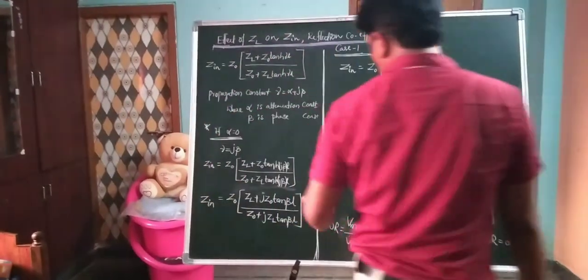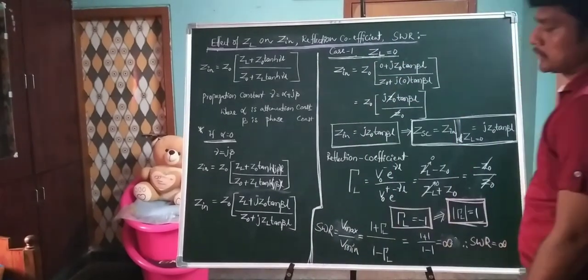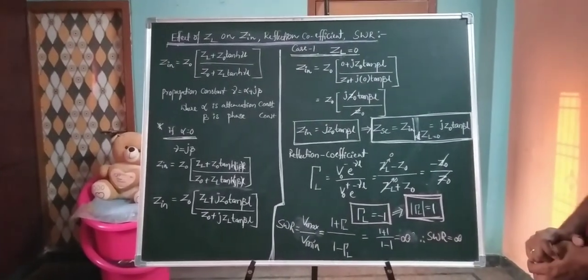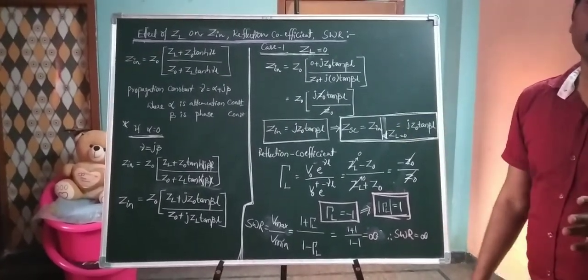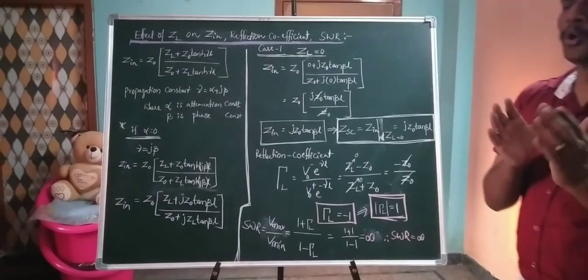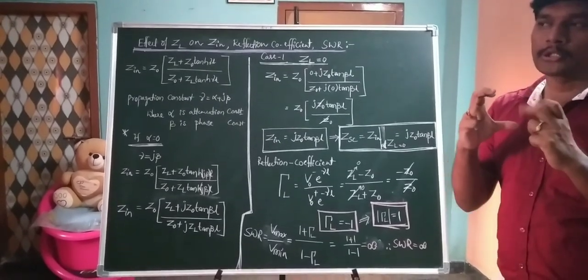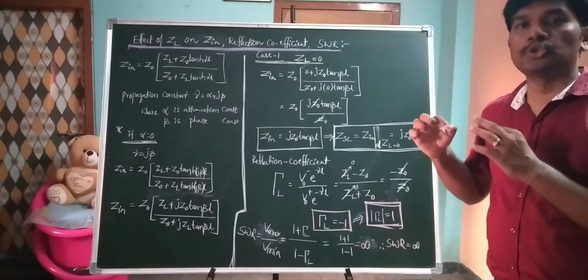In this expression, we simply consider the propagation constant. Now we consider different cases of loads. For example, if the load is exactly a short circuit, what is the voltage drop across the load? Voltage drop across the short circuit is 0.